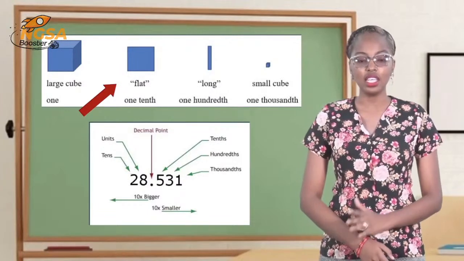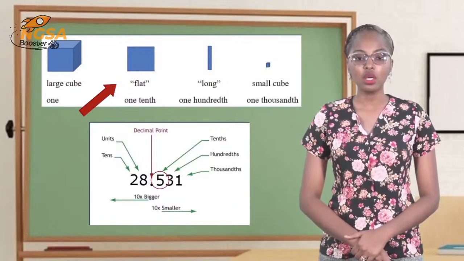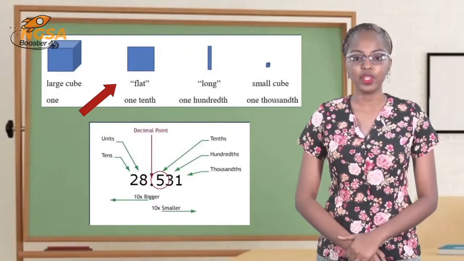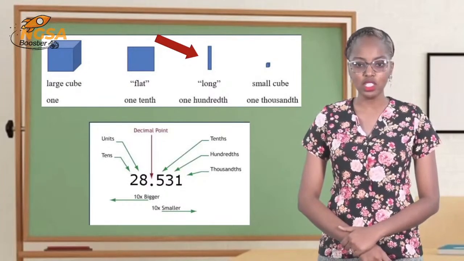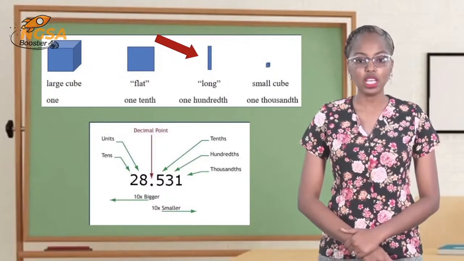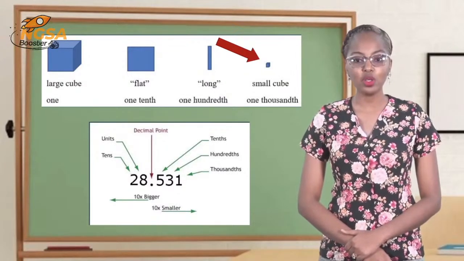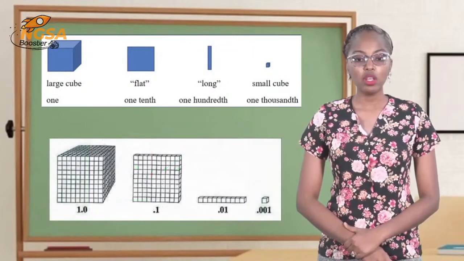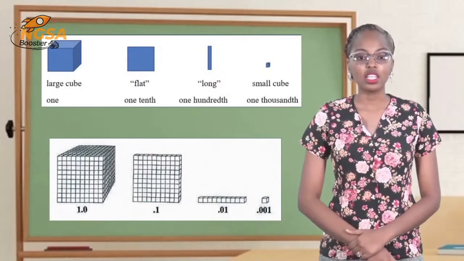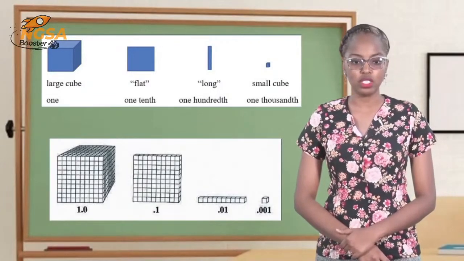In the case of the number 28.5, that number would be 5. Then you have the long rectangular image that is used to represent hundredths, while the small cube is used to represent thousandths.